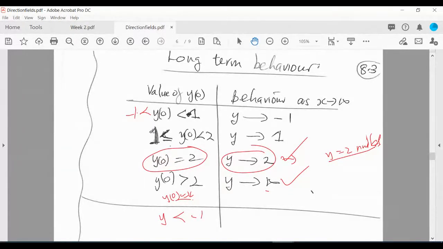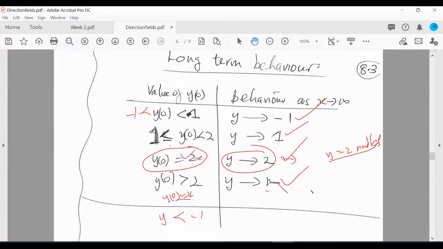But here I was trying to show you that if you are not on the nucline, you will go to the nucline or move away from it. There's a certain nucline you are going to approach, but you may not even approach any nucline. But if you start at a nucline, you remain there for life. So there is no mistake here.